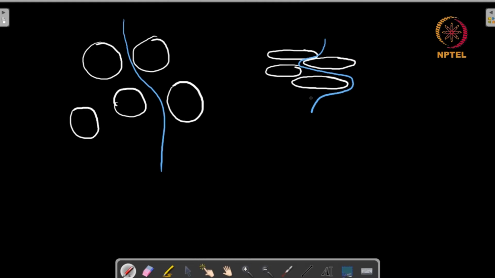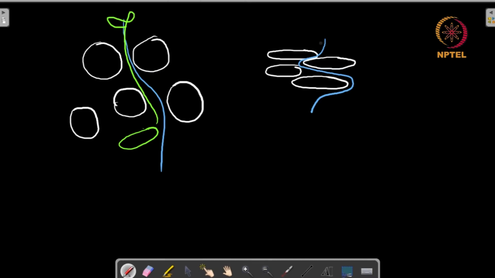How easy is it for water to move through this soil? Or for instance, if there is a seed germination going on, so there is a seed below the soil and it wants to germinate, how easy is it for the young plant to come up? If the aggregate is a coarse aggregate, the structure is a coarse structure, then the plants can come out very easily.